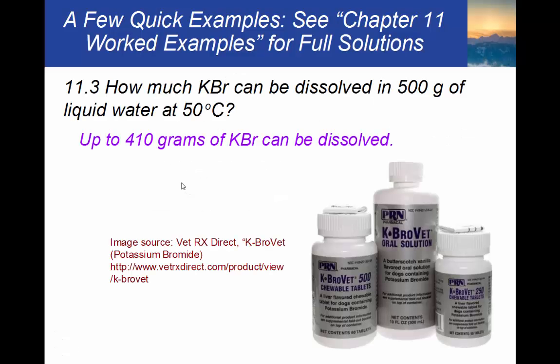So anywhere from maybe 390, I'd even believe you if you said 380, all the way up to 430, and again, I'd even believe you if you said 440. Anywhere in that range, say 390 to 430 grams of potassium bromide would be dissolved. You'd have to go do this experiment yourself to get a more accurate chart.